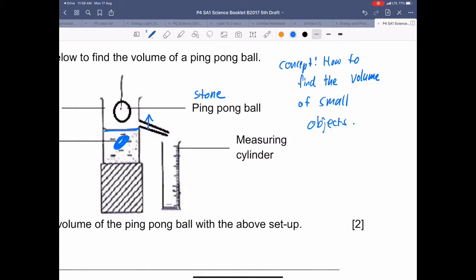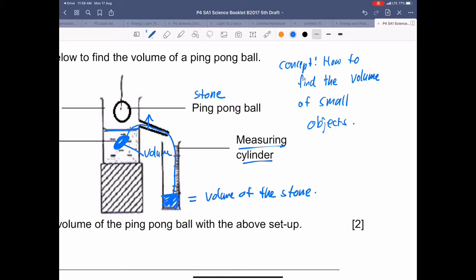Any excess water, because of the volume of this stone, will then flow out into your measuring cylinder. So the amount of water flowed out is equal to the volume of the stone. Okay? That is how it usually works.